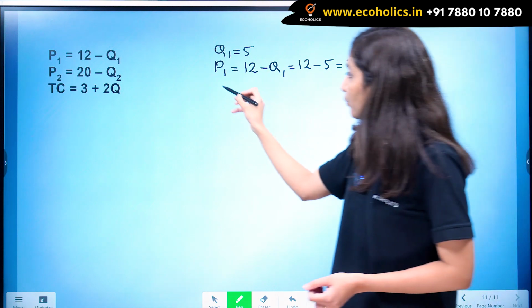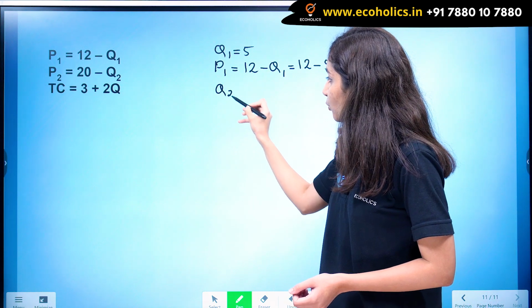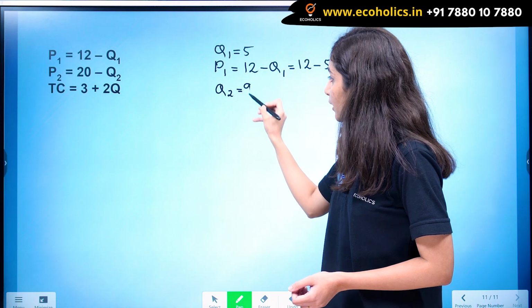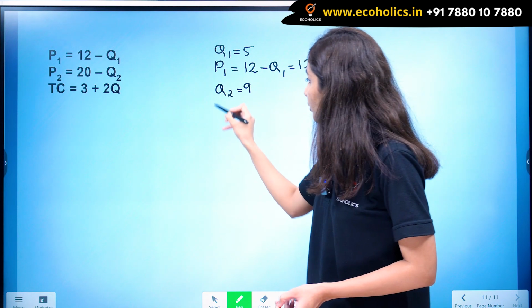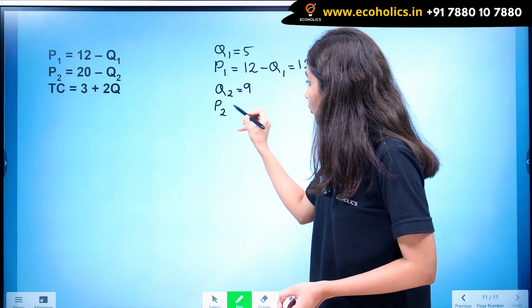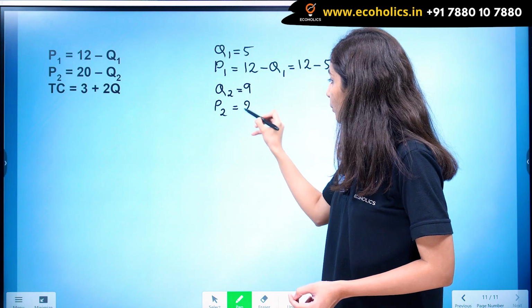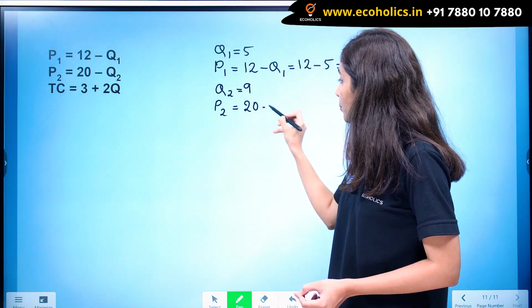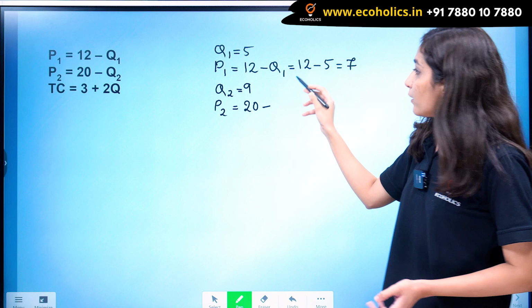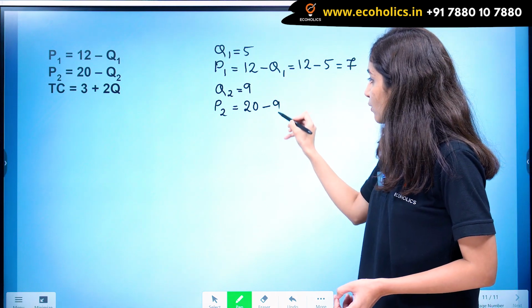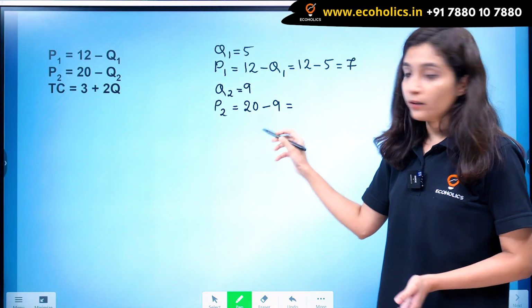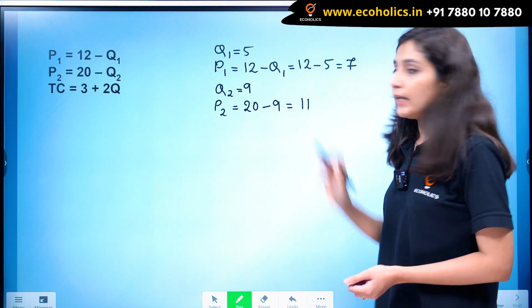Similarly, we have Q2 equal to 9. Therefore, P2 will be equal to 20 minus 9, which is equal to 11.